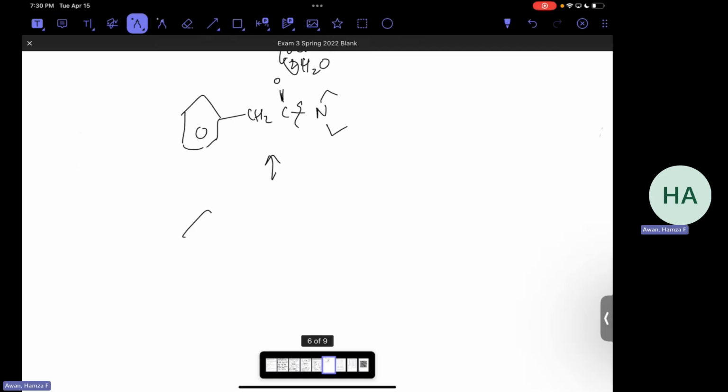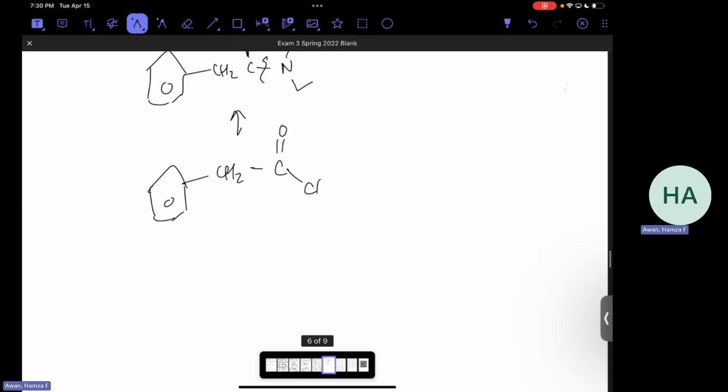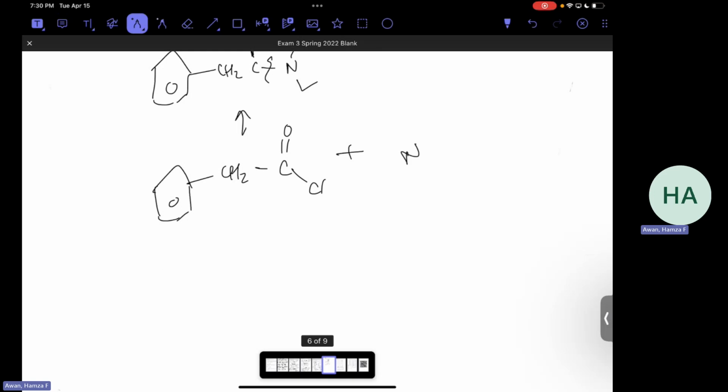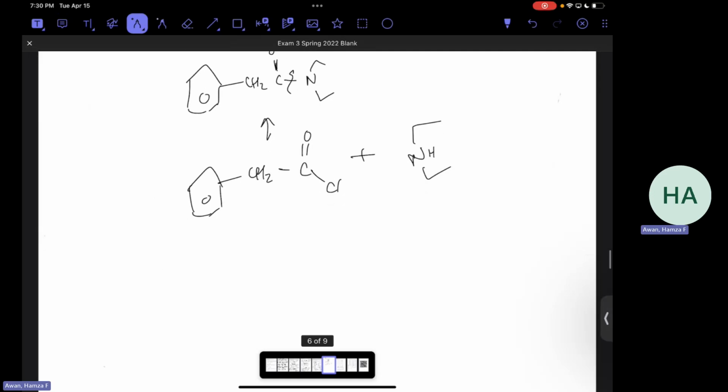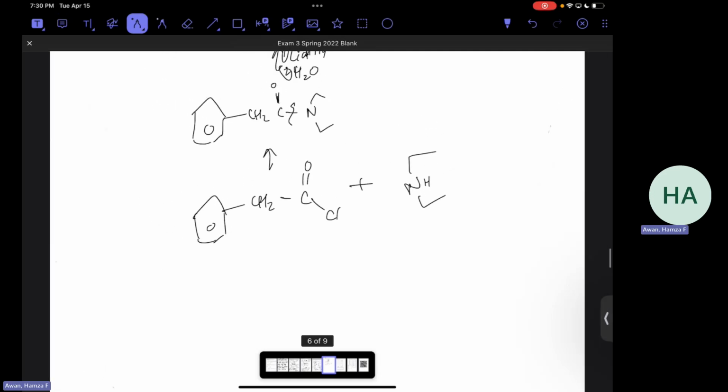So we have our benzene, CH2, bonded to a carbon double bond oxygen, and Cl, because we want the acid chloride, plus our secondary amine, which has an NH. Okay, so we'll start at the secondary amine side.